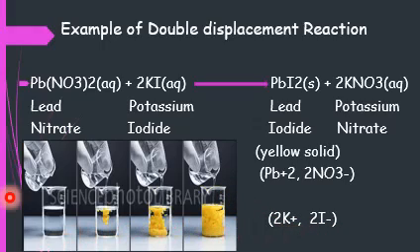When they are mixed together, what will happen is exchange of ions again. So Pb 2+ gets attached to I- and K+ gets attached to NO3-. So thus by exchange of ions the reaction takes place. That is why it is called double displacement reaction.